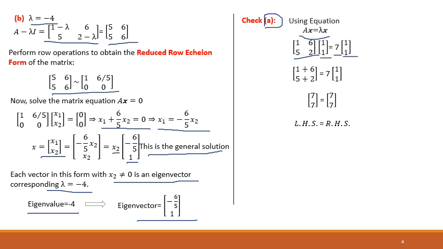When we do simple arithmetic, we get left hand side equal to right hand side. So it shows that the eigenvalue and eigenvector calculated in part A of step 4 are correct. In the same way, you can check the eigenvalue and eigenvector calculated in part B of step 4.